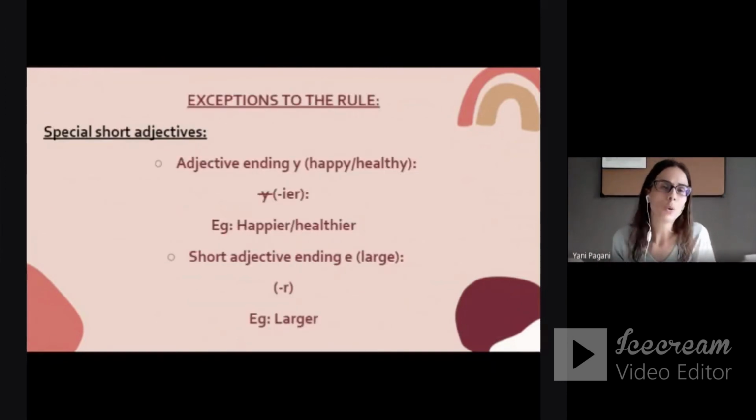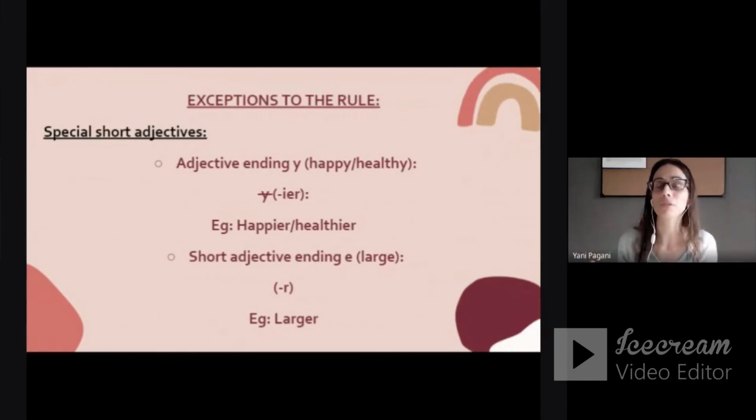Well, as always in English, we have some exceptions to this rule. Yes? So we are going to analyze those exceptions. First, we are going to find that some short adjectives are special. I say special because they don't take the ER. They need another change.